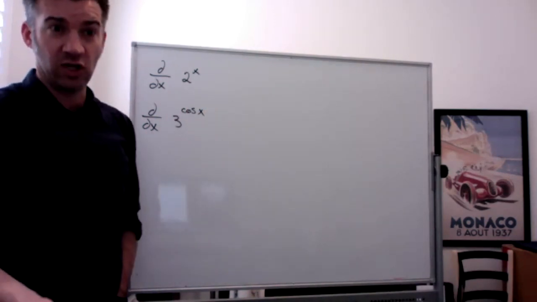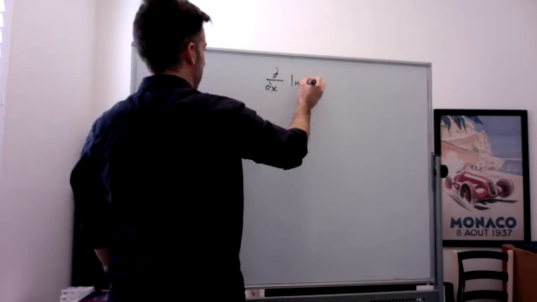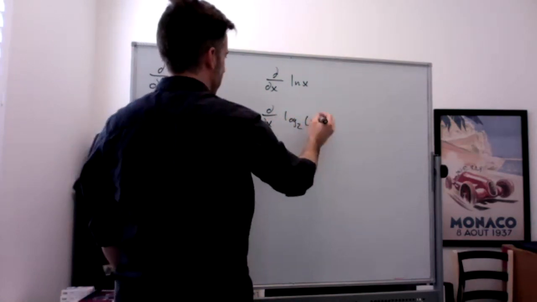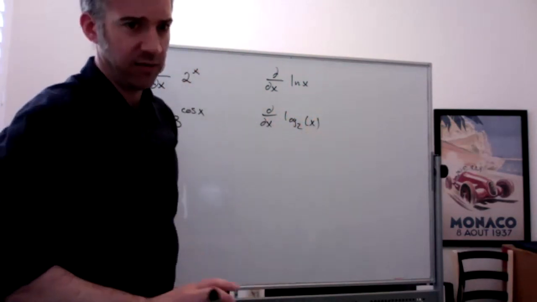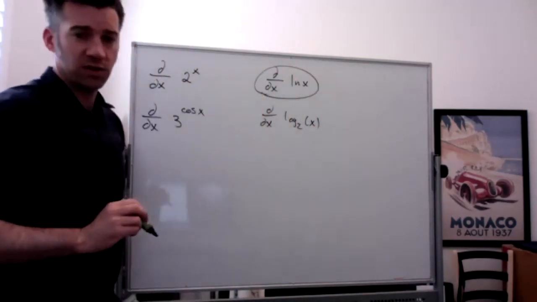Also talk about how to differentiate logs with different bases: the derivative of the natural log of x, the derivative of log base 2 of x. And then there's some other crazy stuff we'll talk about. But we have to address this first.